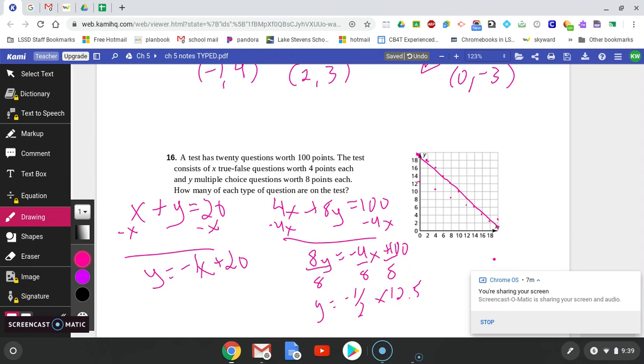So it's going to cross somewhere right in this area. Okay, so my solution is going to be somewhere right there. Looking at my graph, it's hard to tell exactly, but we are able to get an approximate. If we were to graph it super accurately, we would see that there are 15 true-false and 5 multiple choice. Take a second.